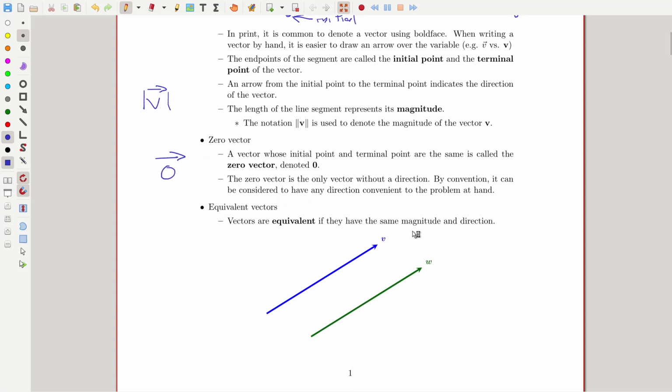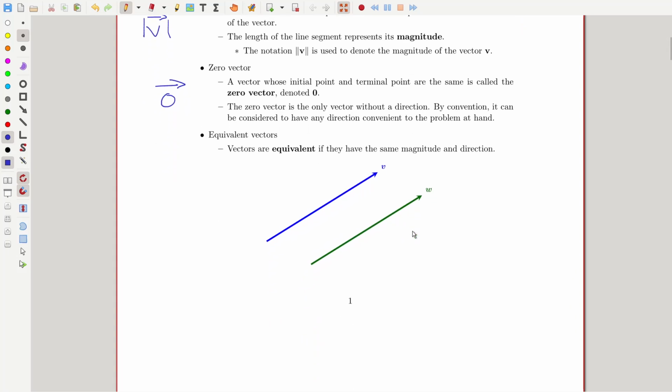Now that we have these objects called vectors, one thing to ask is, how do we describe when two vectors are equal, when they are the same? The terminology we have is equivalent vectors. We say that two vectors are equivalent, or equal, if they have the same magnitude and direction.